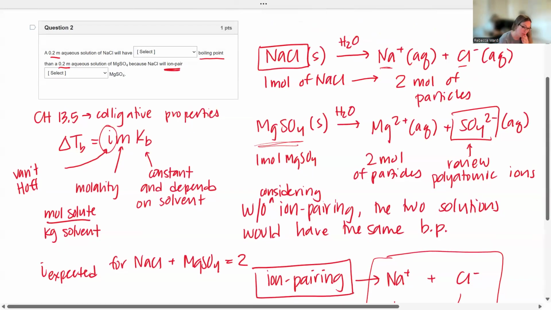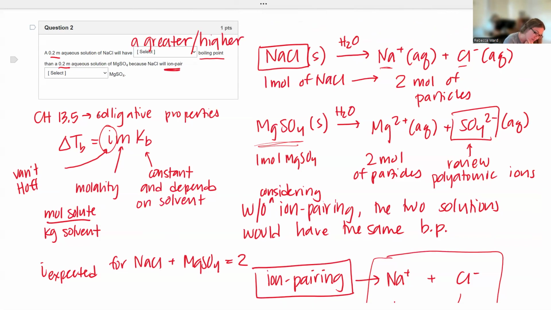So a 0.2 molal aqueous solution of NaCl will have a higher boiling point than a 0.2 molal aqueous solution of magnesium sulfate, because NaCl will ion pair less than magnesium sulfate.